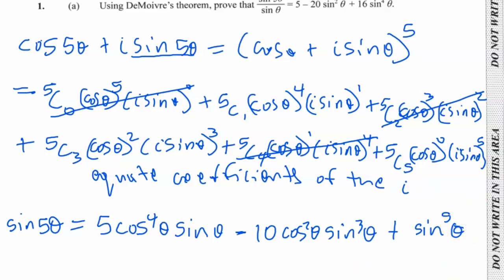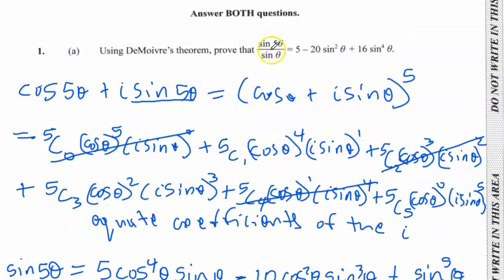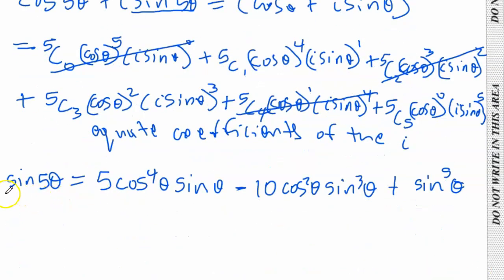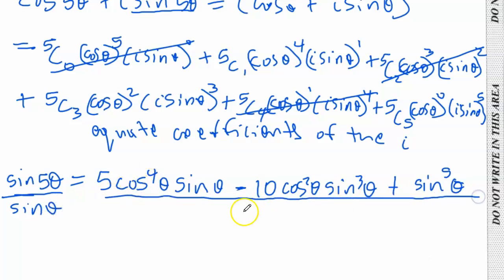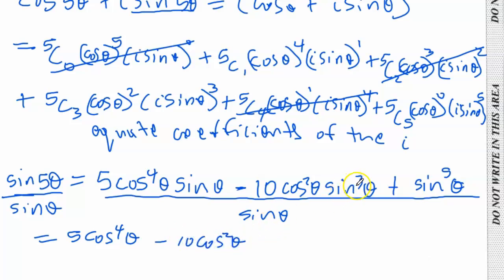Now you'll remember we're actually asked to find sine 5 theta divided by sine theta. So let's divide both sides by sine theta. So on the right hand side, we divide each term by sine theta, and you'll actually end up with 5 cos to the 4th power theta minus 10 cos square theta sine square theta.